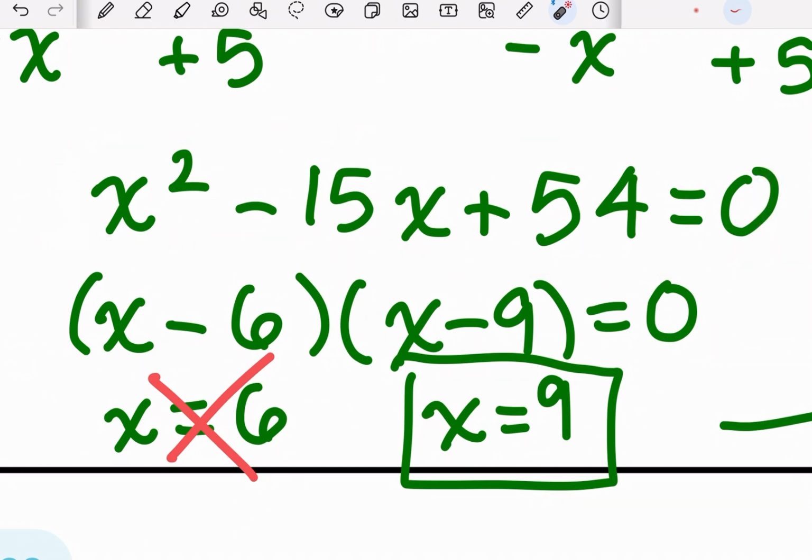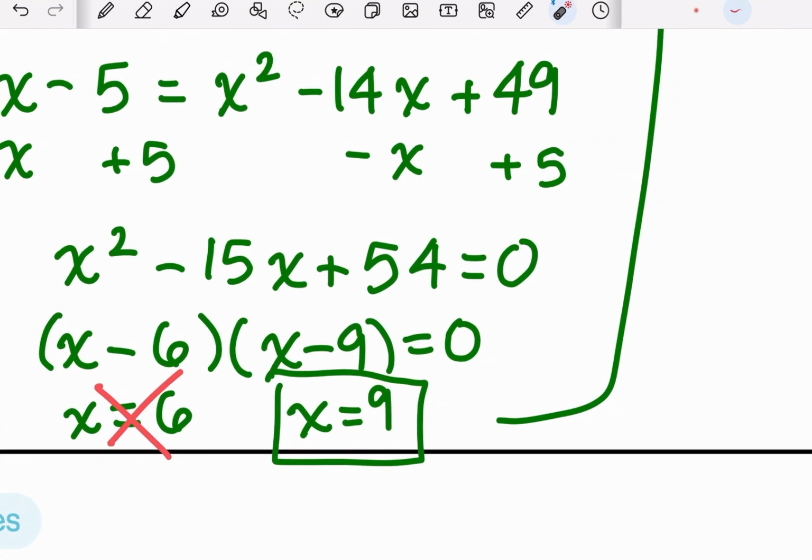So we find two numbers that multiply to that last number, 54, and add to the middle number of negative 15. Okay, so once we found them, which were 6 and 9, you set each one equal to 0. So x minus 6 being 0 means that x is 6. x minus 9 equals 0 means that x is equal to 9.